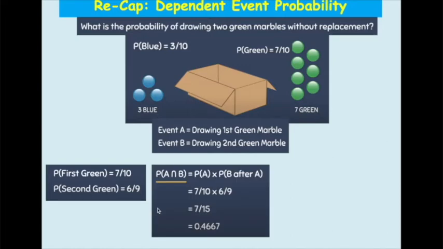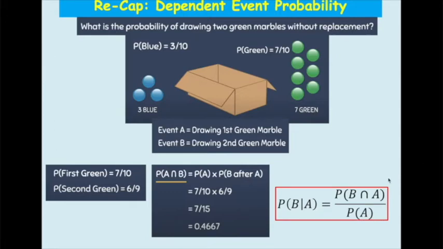Therefore, the probability of A intersection B, or probability of A and B, is the probability of A multiplied by the probability of B after A, which is 7/10 multiplied by 6/9, and that is equal to 7/15, or 0.4667.